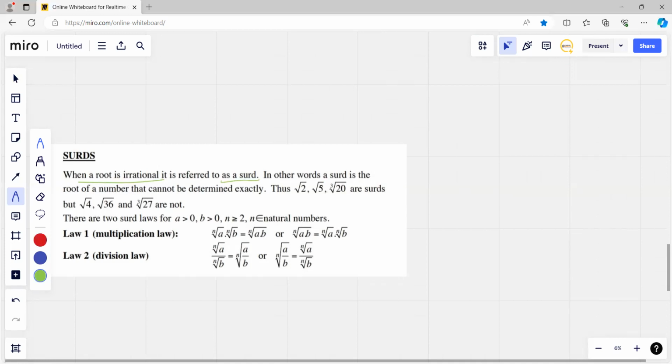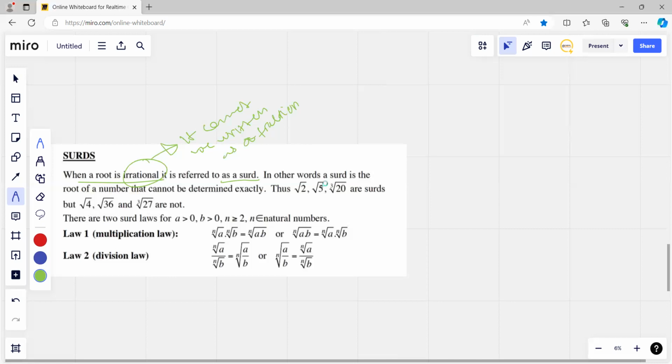When we're talking about irrational, we're talking about something that cannot be written as a fraction. So sets: when a root is irrational, it is referred to as a set, which means a root that is irrational, meaning it cannot be written as a fraction, is a set.